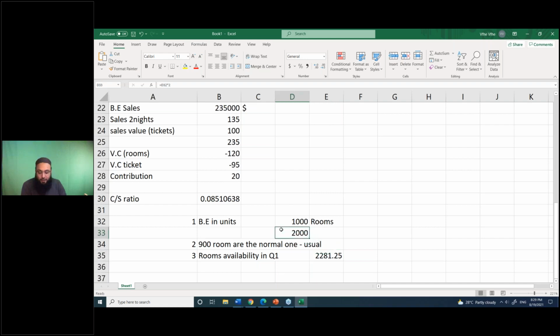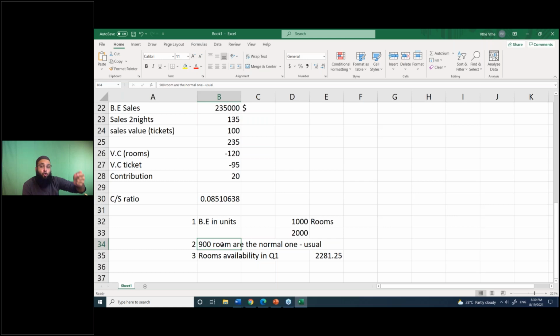Now, how many rooms you need? You need 2,000. And the normal customers are occupying 900. So you don't have the capacity. Now, one option is that you refuse those 900 ones. Sorry, we will not accommodate you. That you cannot do, because those are your usual customers. And if you go for this theater package, for theater package, break even is at 2,000, right?